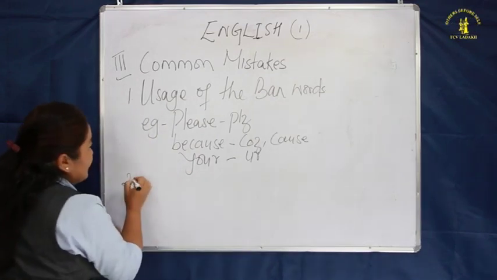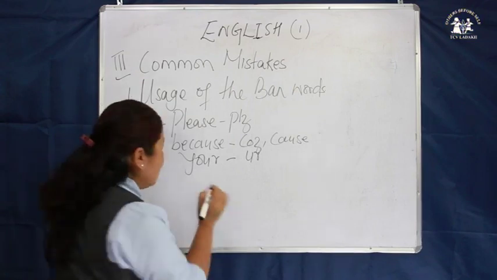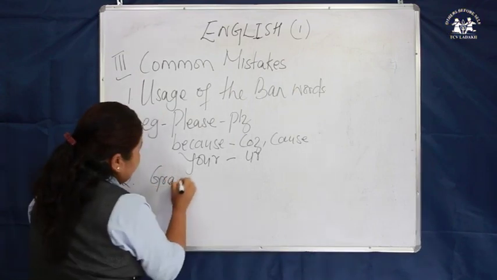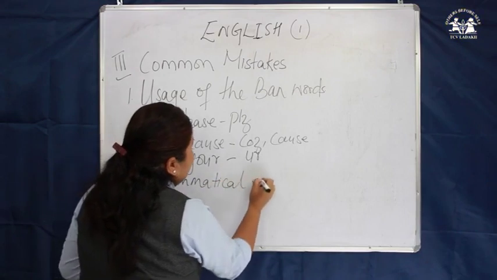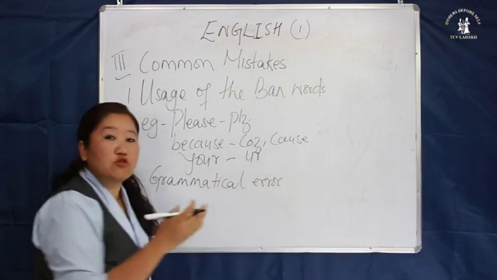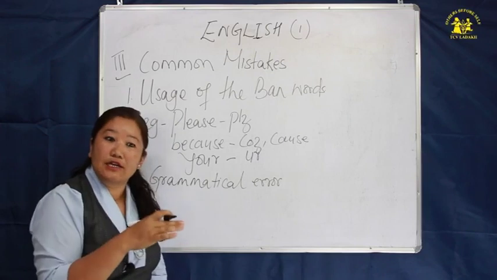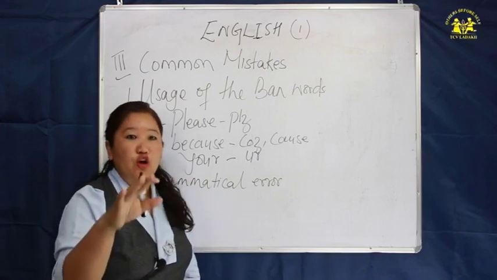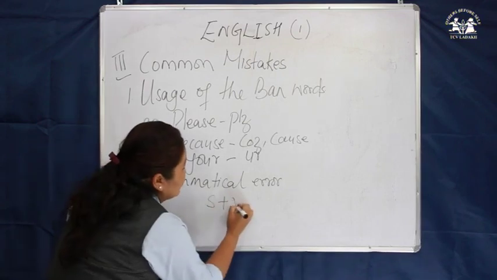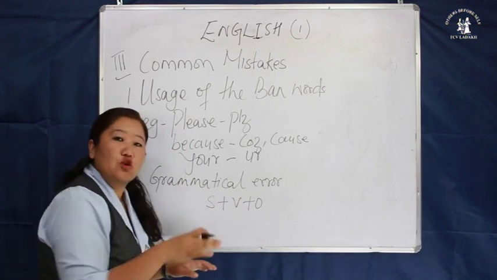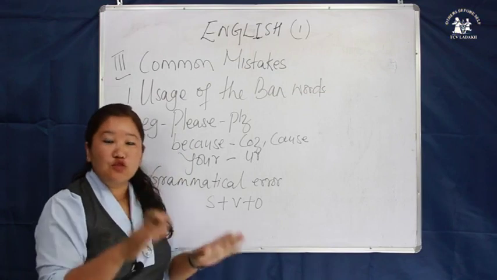The second one is grammatical error, or you can say the wrong sentence structure. In English, we follow subject plus verb plus object. That is common. Everybody has to follow that.